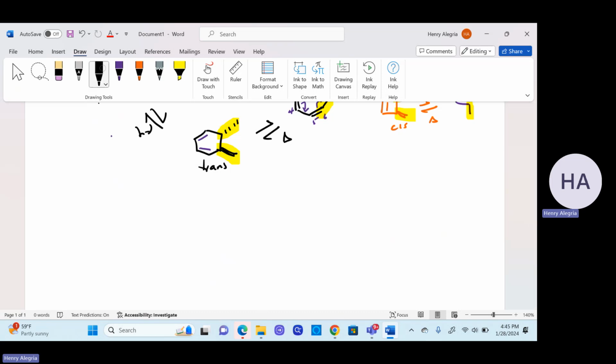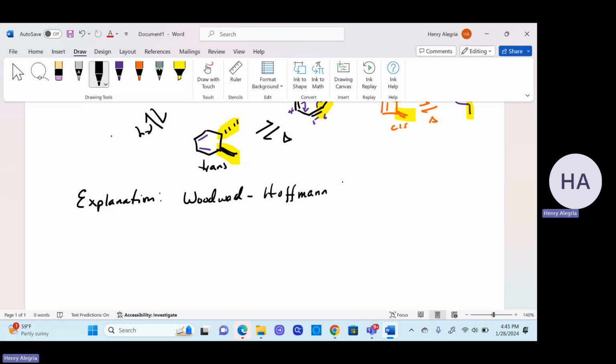So again, to emphasize here, we can explain these observations using what we now refer to as the Woodward-Hoffmann rules, which were established by R.B. Woodward and Roald Hoffmann.